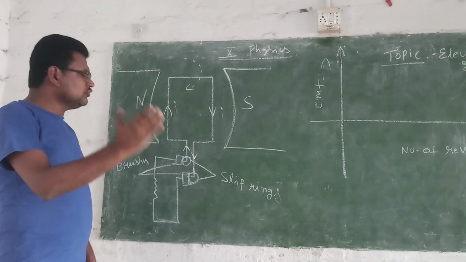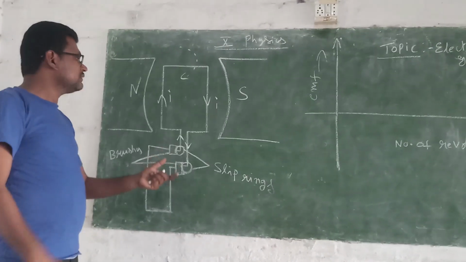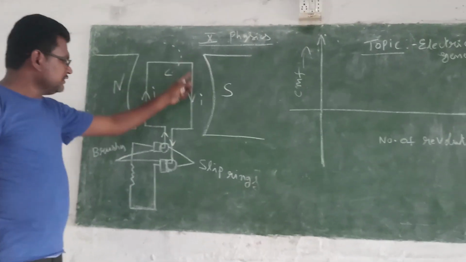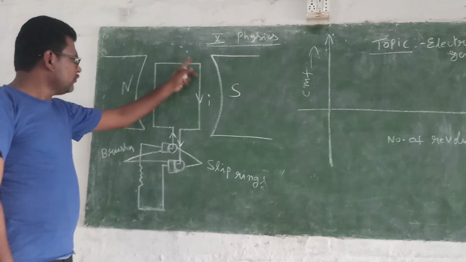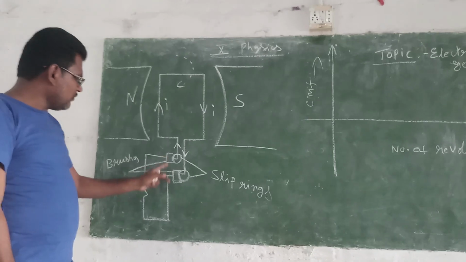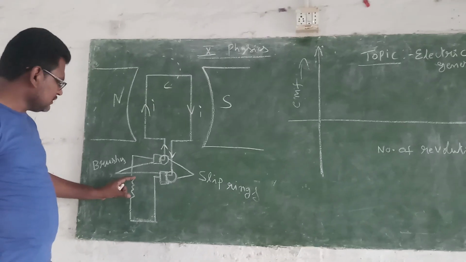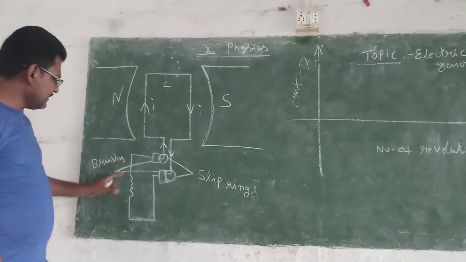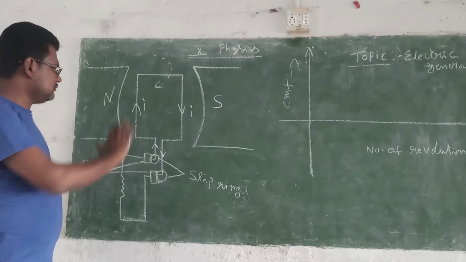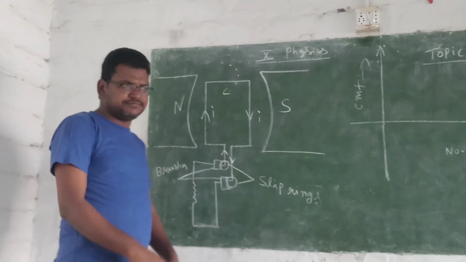and due to that change in the magnetic flux through the coil, a current is induced in this coil. This induced current flows through the coil, and finally the wires connected to the brushes let the consumers get that generated current. How does the coil rotate?